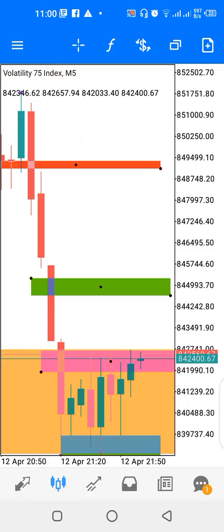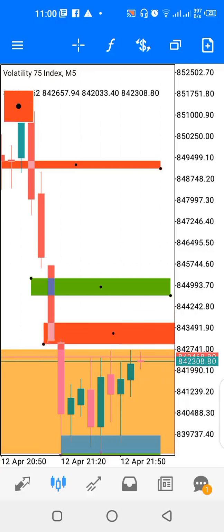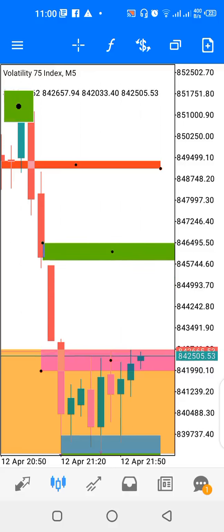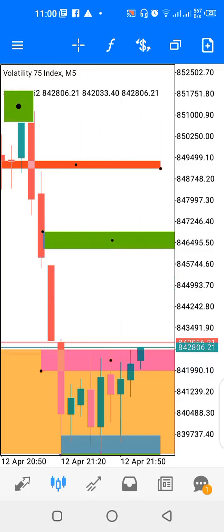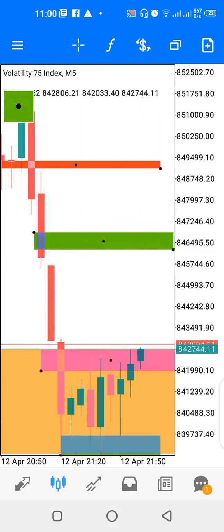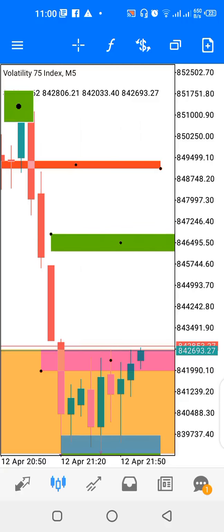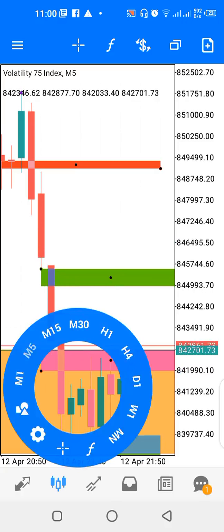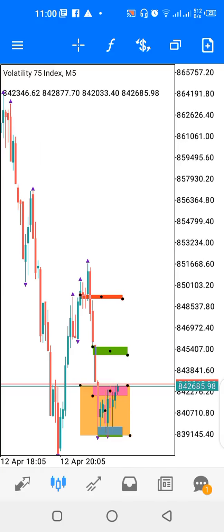So by the time you have a breakout and price goes up, it will trigger your buy pending order. If it goes up just a little bit above the buy pending order, you will have broken even and you close all trades, with zero or little profit. Now this is the range, so you avoid this particular zone where I have the orange color.